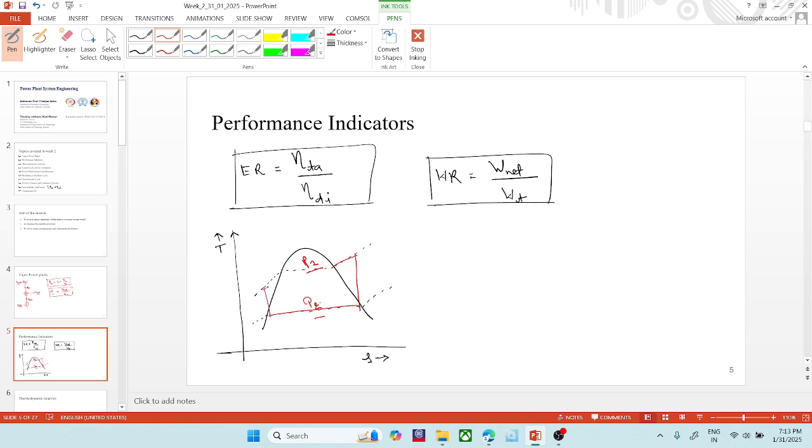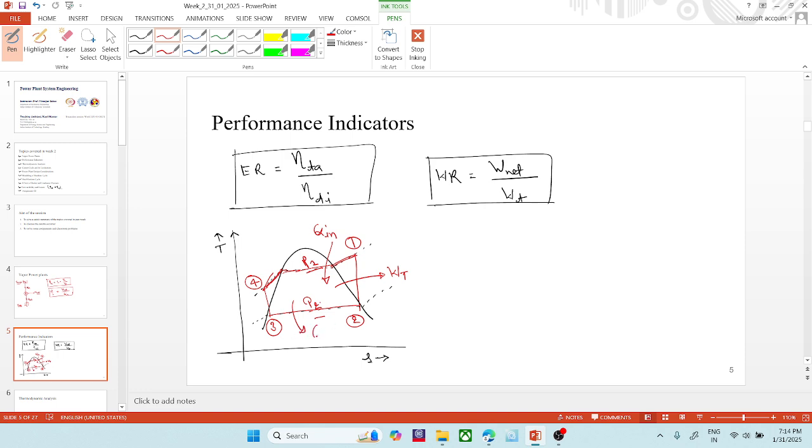This is the pump work. Point one is the turbine entry, two is the turbine exit, three is the condenser exit, and four is the boiler entry. While expanding from point one to point two, we receive the turbine work WT, and point 4 to point 1 is the heat supplied in the boiler, Q in.